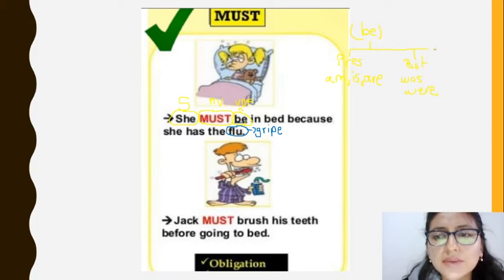And we have the verb be in past participle. What is the verb be in past participle? Very good. Been.